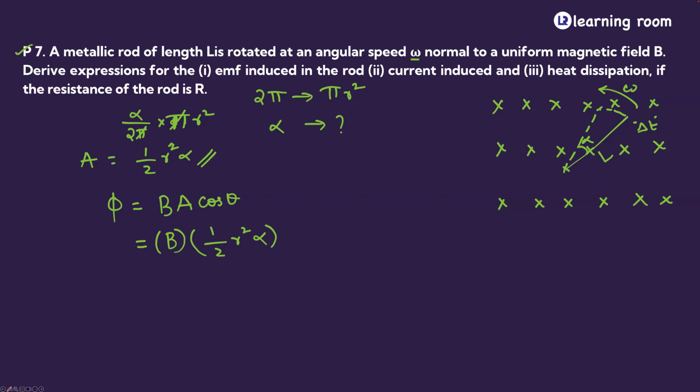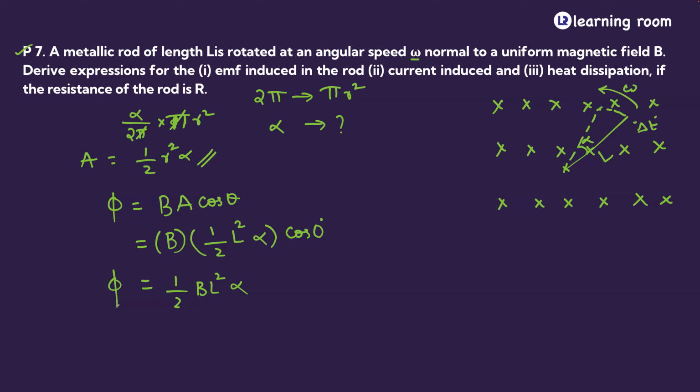So what I can do is I can change r square as L square. So B into half L square alpha into cos of how much is the angle between the magnetic field and the area vector? Again, it is going to be 0. So cos 0 is going to be 1. So it clearly tells us that we have half B L square alpha to be the value of flux.